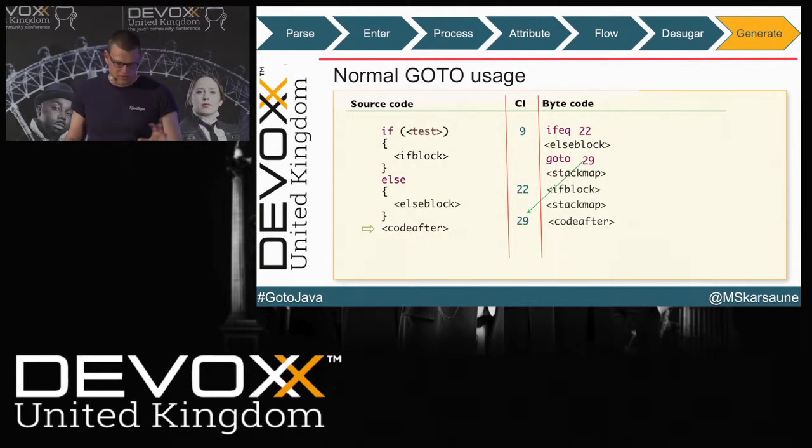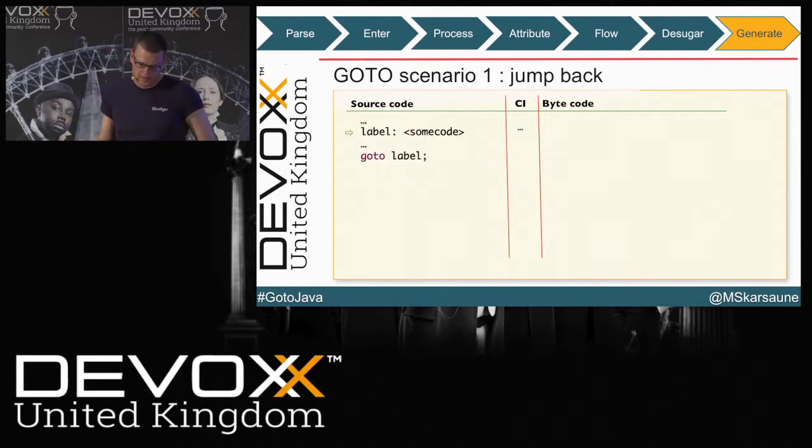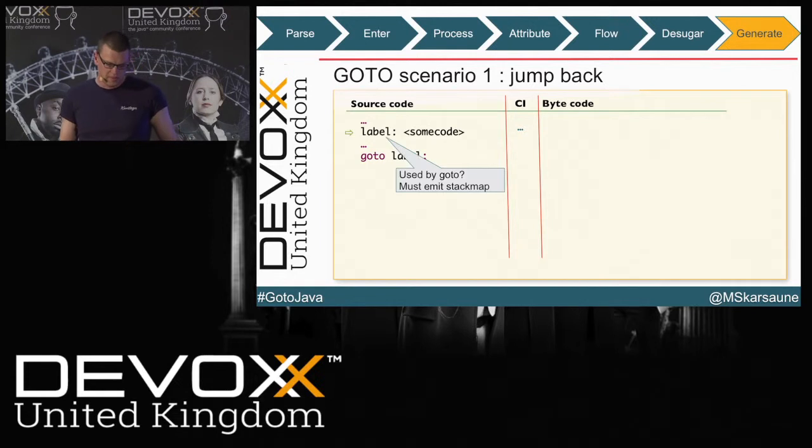So this is sort of what we have to fight a little bit with, since we're doing something which is not really meant to be done. So for our gotos, there are two scenarios. One is the label is already declared, and then we encounter a goto. We know through this helper object whether the label is used. If it's used, we must have a stack map.